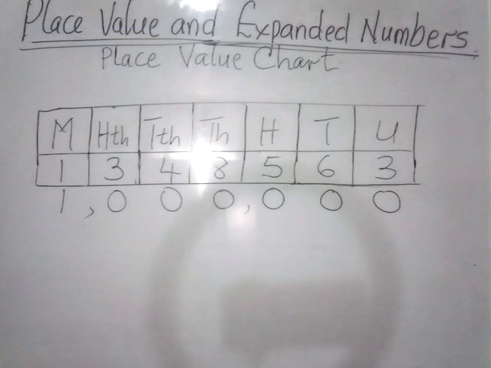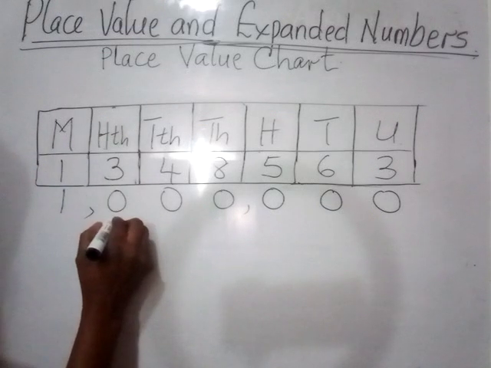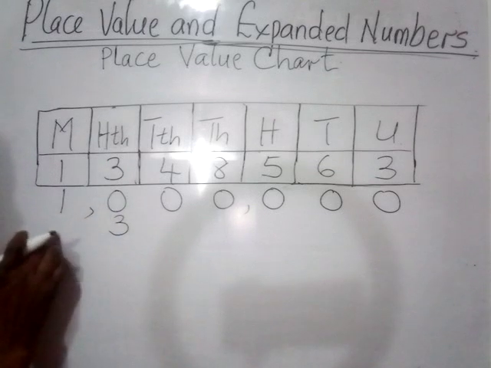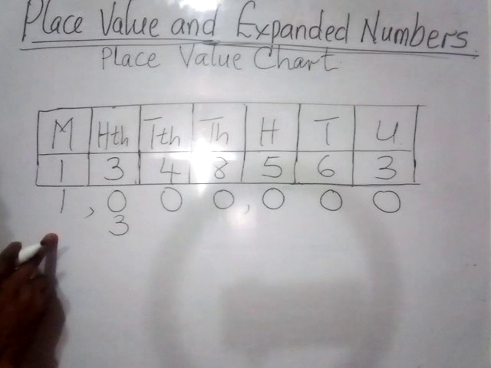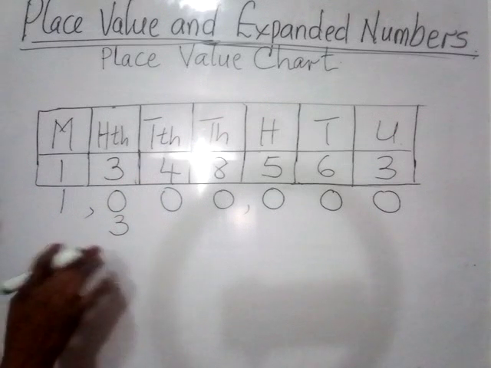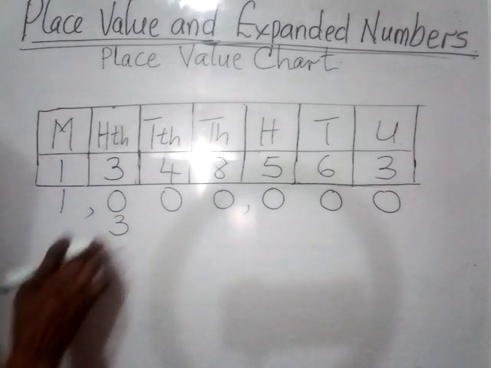Okay, so the next digit we have here is 3. So for your 3, this is where it occupies, so you write it there. It would be wrong if you bring your 3 and write it under 1. They don't have the same value. They occupy different positional and numerical values, so you can't write them there.